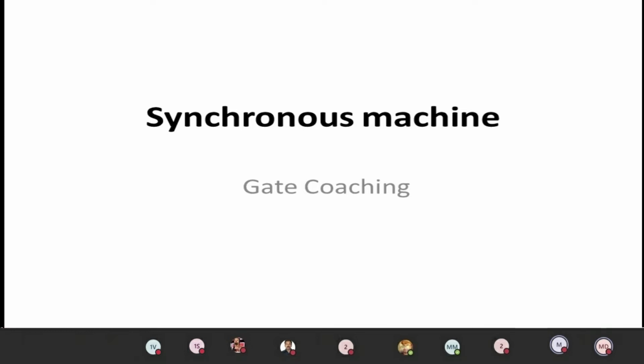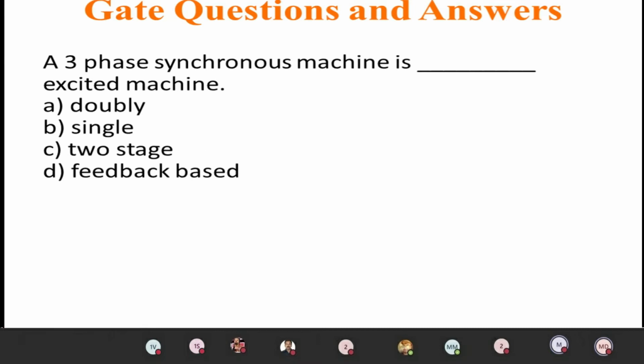So let me move to the first question. GATE question and answer. While you are preparing for GATE, you must clearly understand the concept, because the ultimate aim of the GATE questions is that students must understand the concept, not only memorize answers from the GATE book and simply reply in the paper.